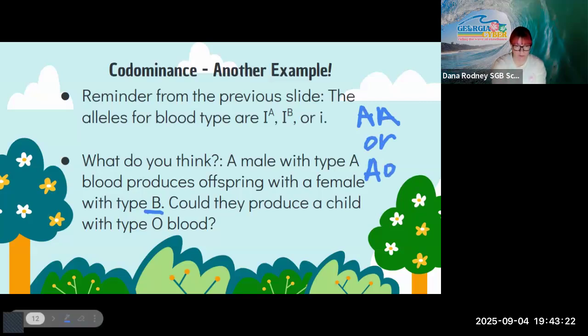Same thing with mom. We know she's type B, but she could be BB, both of the dominants, or she could be BO. So if both parents are heterozygous, then yes, they could have a child that has type O blood.